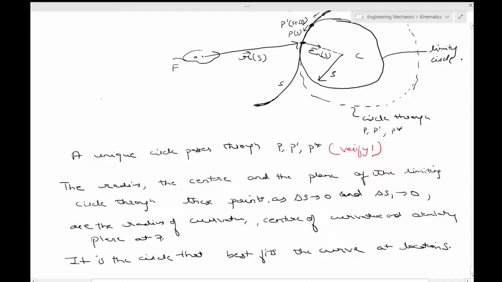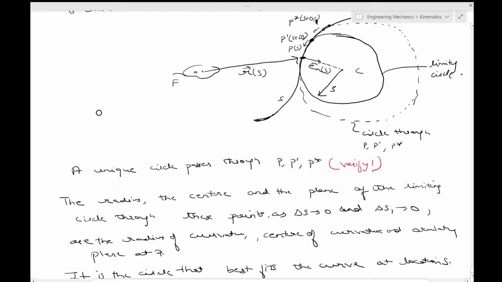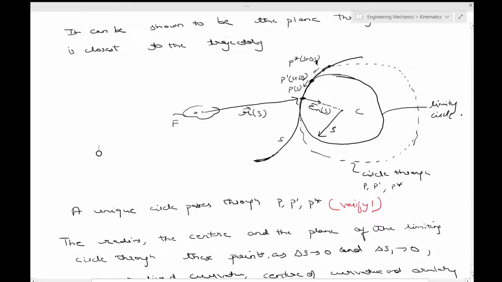So how did we do? We drew 3 points on this trajectory, P, P dash and P star. P was located at S, P dash at S plus delta S, and P star at S plus delta S1. Then we had a circle through P, P star and P dash, which you can see as a dashed circle on your screen.